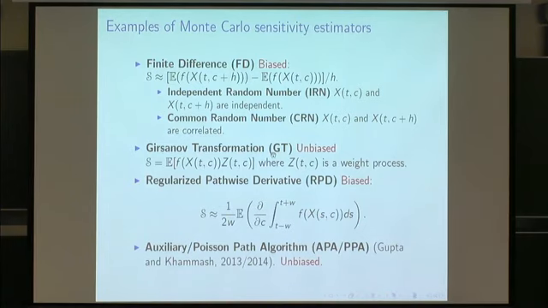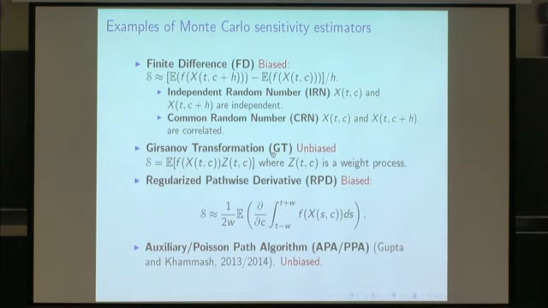You run one simulation with parameter c, and then another simulation with c plus h, with two completely different independent random number streams. If you do that, you get what's called the independent random number finite difference method. The alternative is to use the same stream of random numbers for both. That means these two are not independent processes, but correlated. And if h is small, they are very strongly positively correlated.